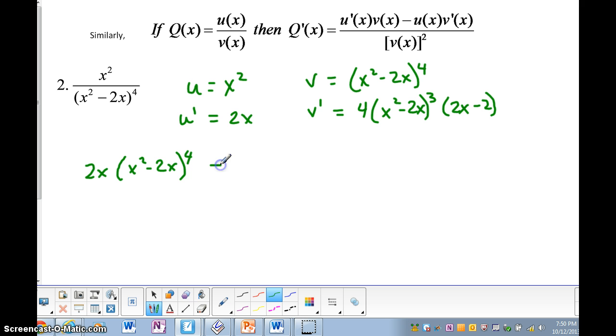We're going to subtract our u times our v prime. And let's simplify this before we plug in. Okay, just multiplying that 4. The 4 times the 2x minus 2, and you get 8x minus 8.